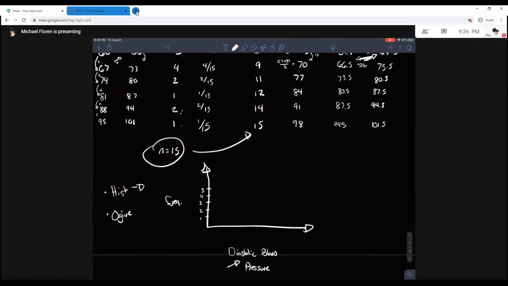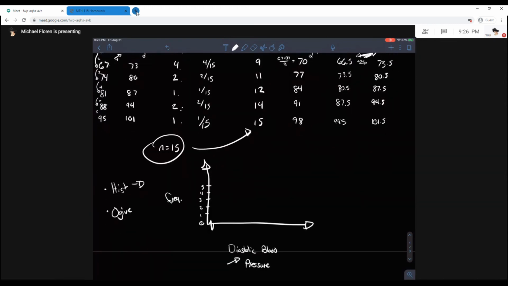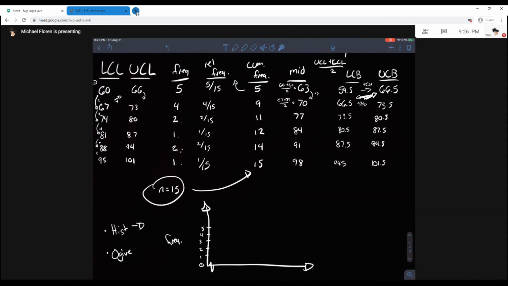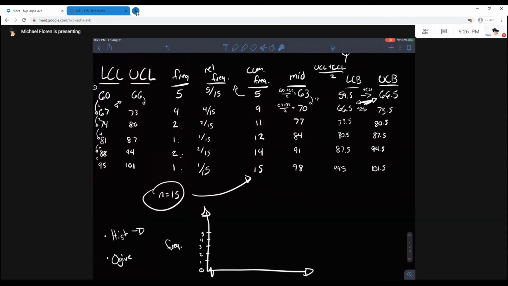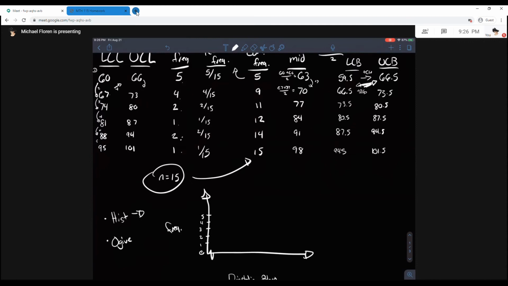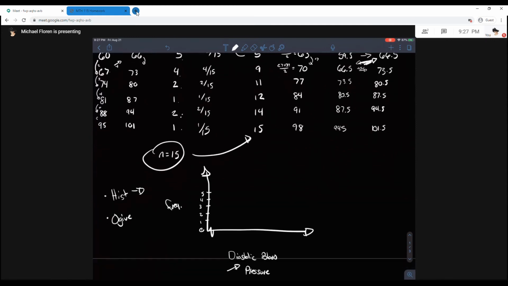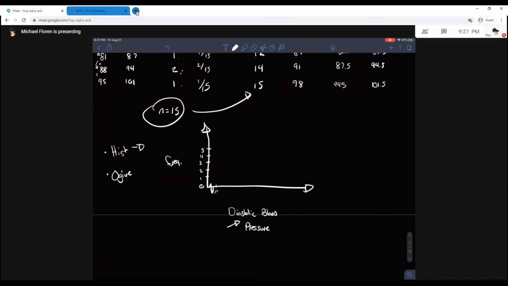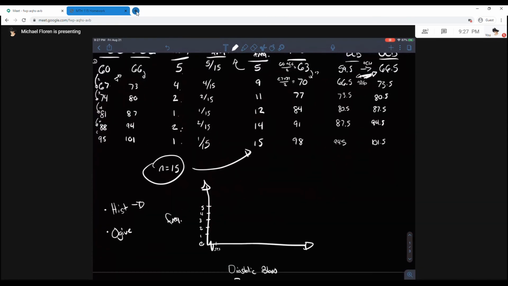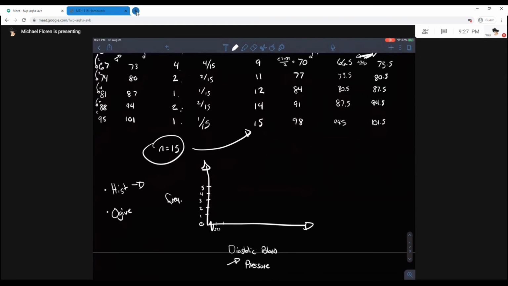And then for my x-axis, I'm going to put a little squiggle because I'm not going to start at 0. Remember when I'm drawing my histogram, I do not use my lower class limits and upper class limits. I don't use those. I want to use my lower class bounds and upper class bounds. So don't get confused. When I'm drawing my histogram, I'm using the class bounds. So I start at 59.5. And then we have 66.5.